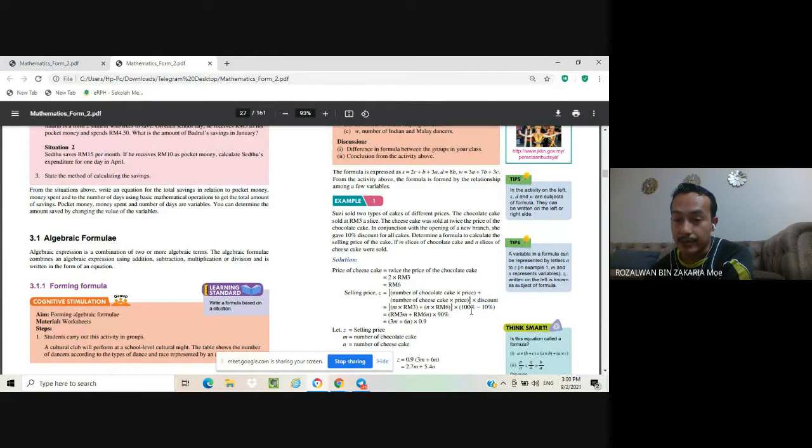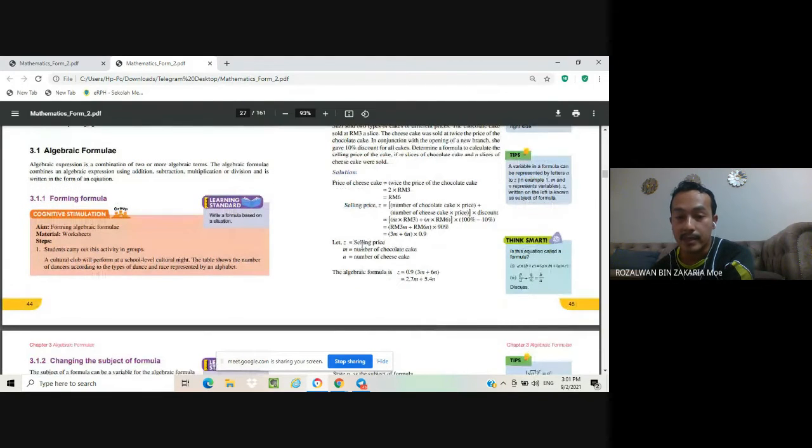So RM3 multiplied with the M equal to RM3M, plus RM6N, then multiply with the 90%. Because 100% minus 10% equal to 90%. So we will get in bracket 3M plus 6N multiply with the 0.9. 90% you will get 0.9.